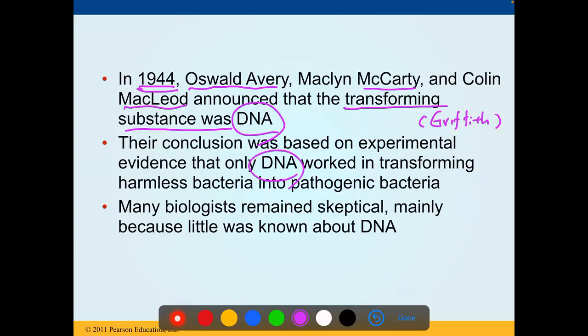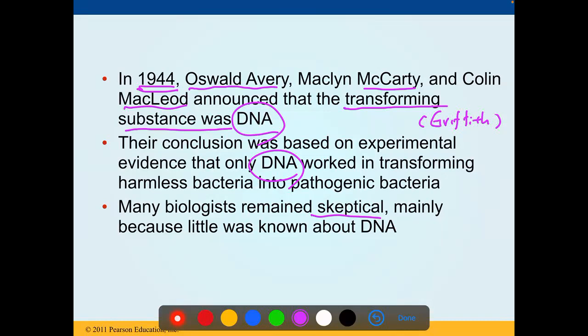Okay, but that is changing the genetic phenotype, right? So DNA is the material, but still people somehow did not really buy it because they were still skeptical. Mainly, we don't really know much about the DNA, and we don't really know how it looked like.